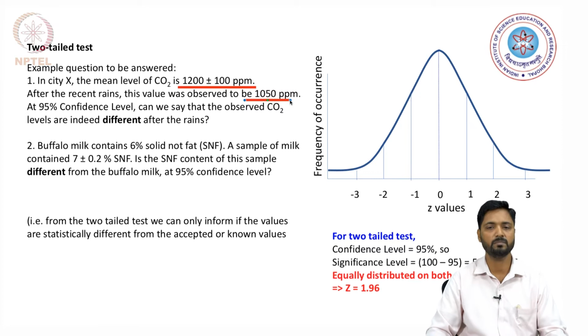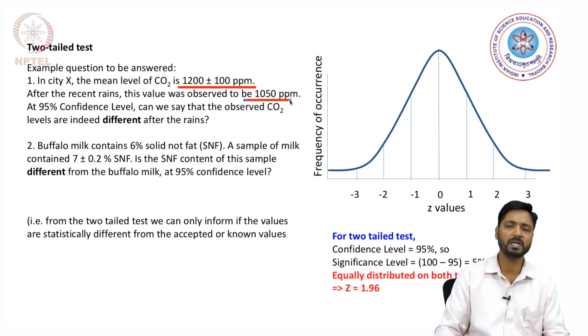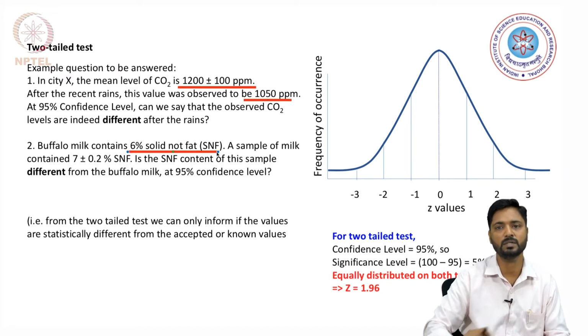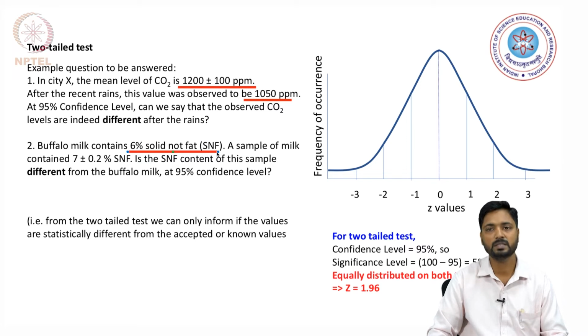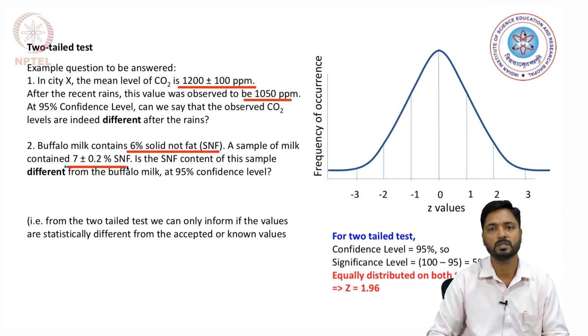Another question in the same line could be that of a buffalo milk sample, where we know that typically buffalo milk should contain about 6% of solid not fat, but this sample that we are dealing with contained 7 plus minus 0.2% solid not fat.